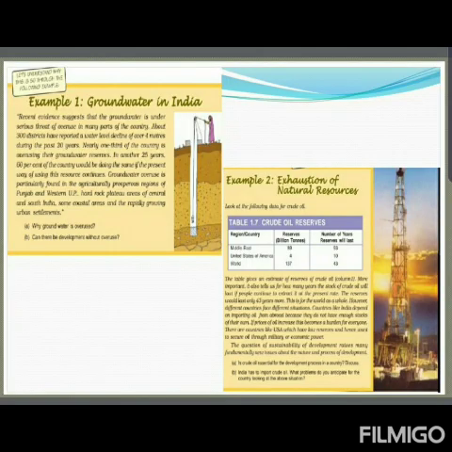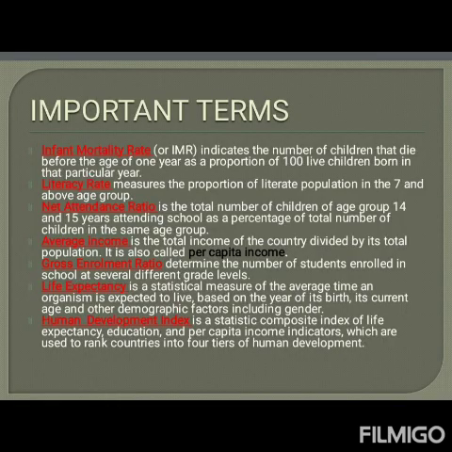These are some of the examples given in the book to understand better that how the sustainable development can take place in our country. Now, these are few important terms which you need to learn. That is about the infant mortality rate, literacy rate, net attendance ratio, average income, gross enrollment ratio, life expectancy, and the Human Development Index.